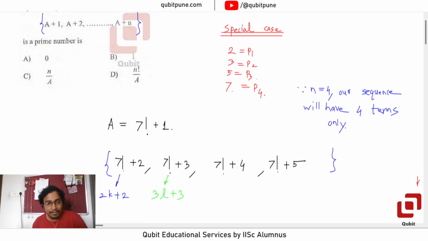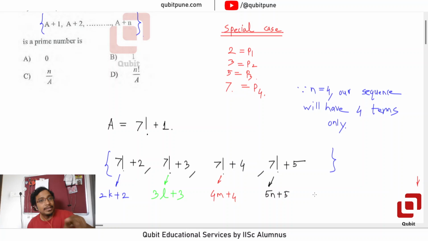Here this is divisible by 4, so 4m plus 4. This is divisible by 5, so 7 factorial can be written as, let's say, 5n plus 5. So none of them is prime. All numbers are composite. Okay, so as far as picking up a prime number is concerned, our answer is 0.